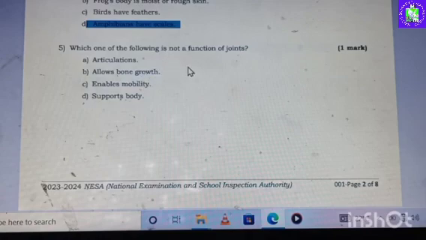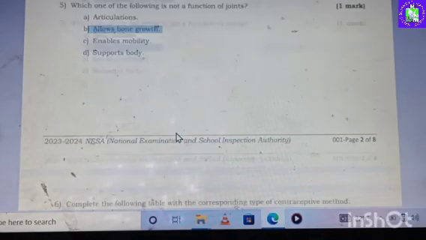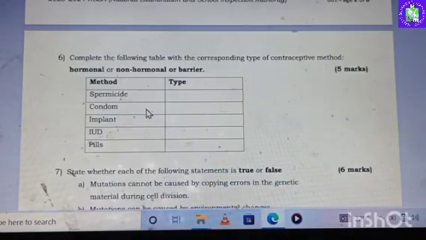No. The function of a joint does not allow bone growth, because the growth of bone is stimulated by hormones. Meaning the correct answer of question number 5 is letter B. Next question.